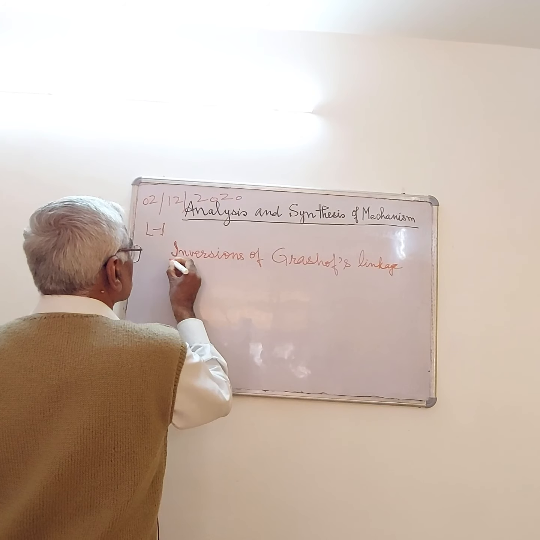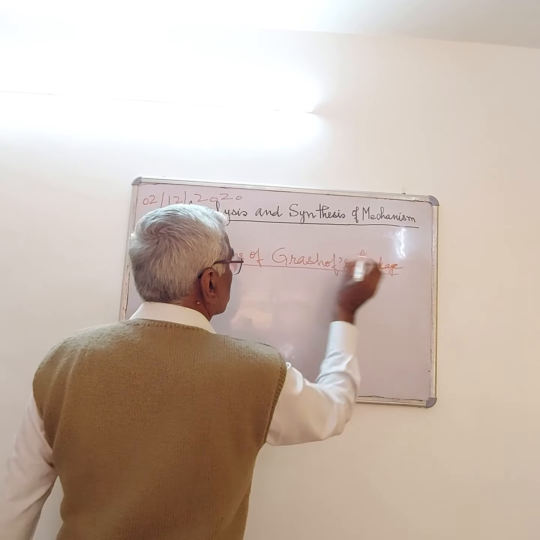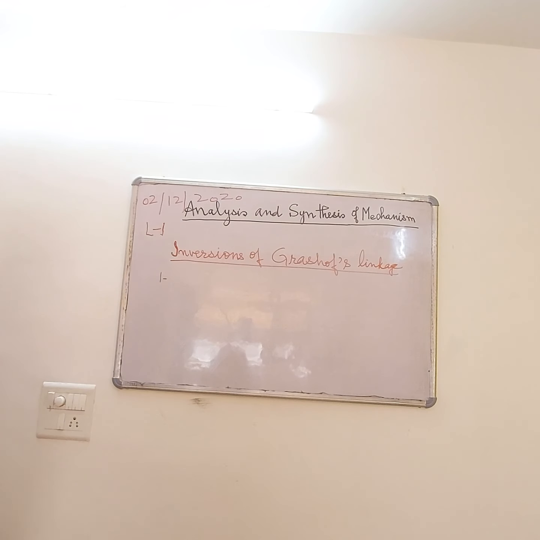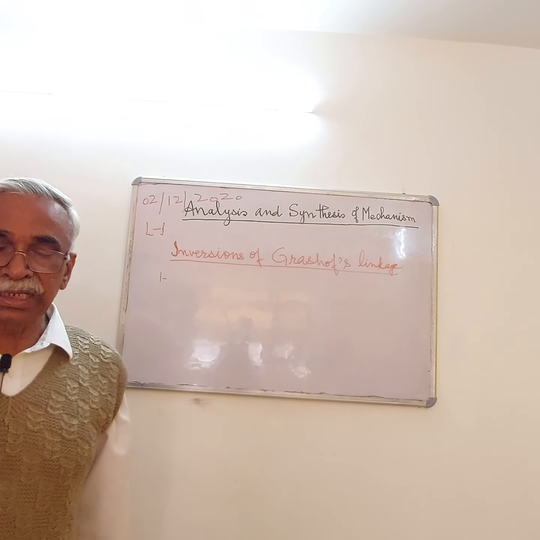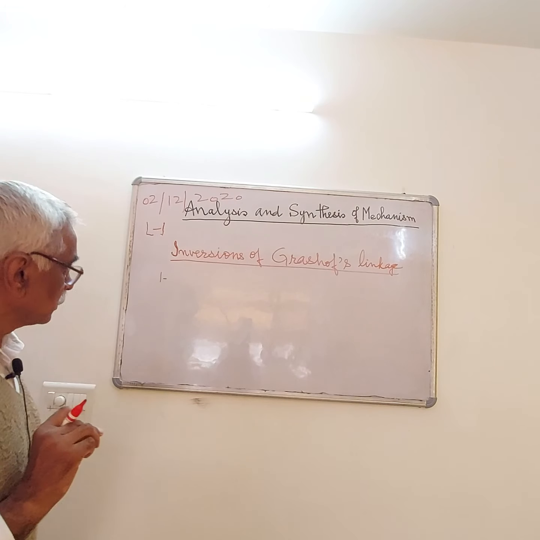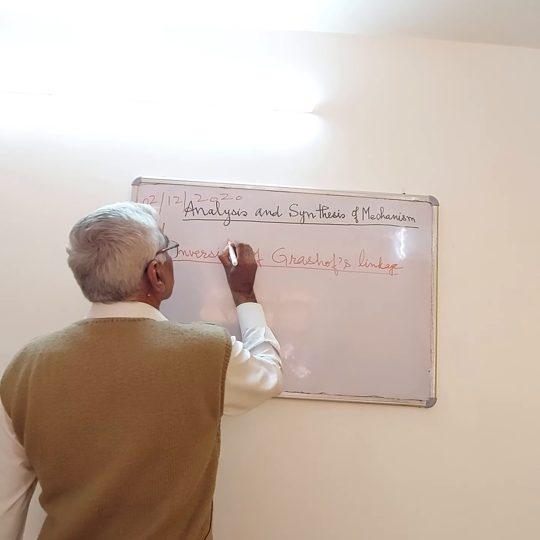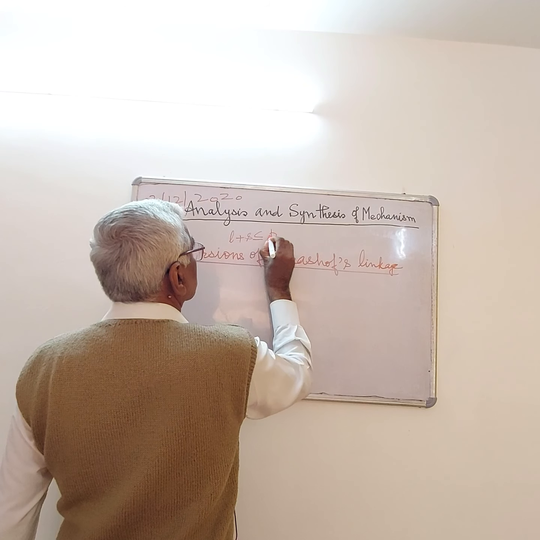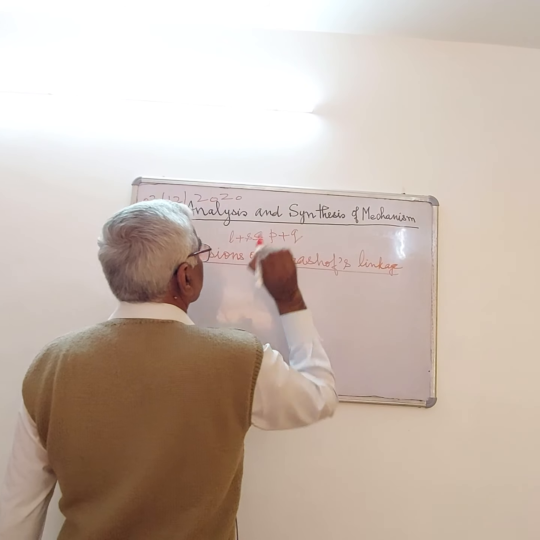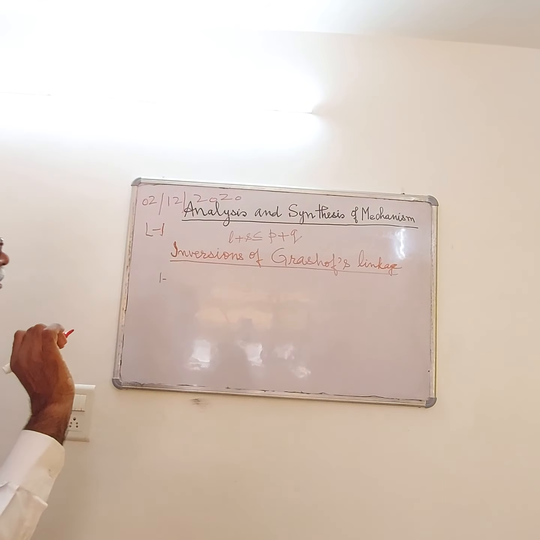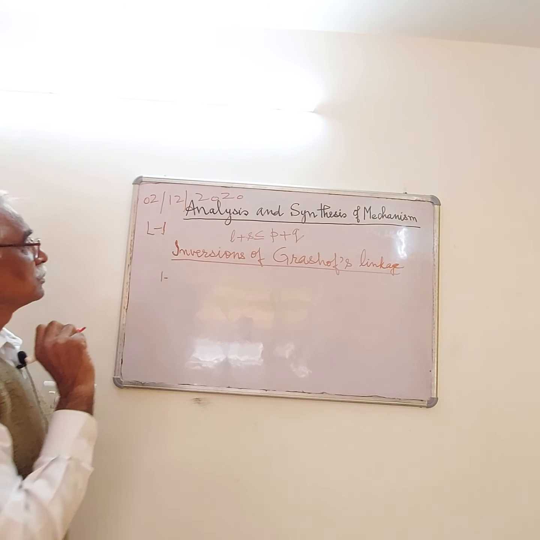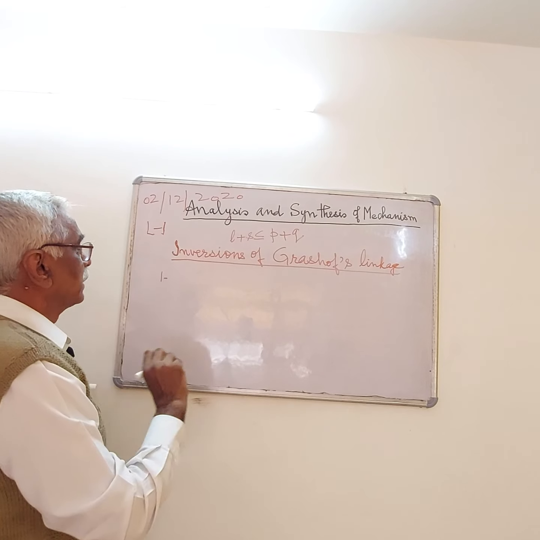There are three inversions. There are three types. Number one, in all the cases, L plus S should be less than or equal to P plus Q. This condition should be satisfied in all the cases.